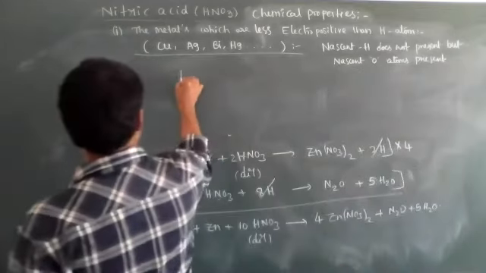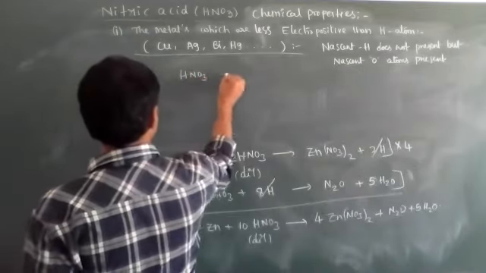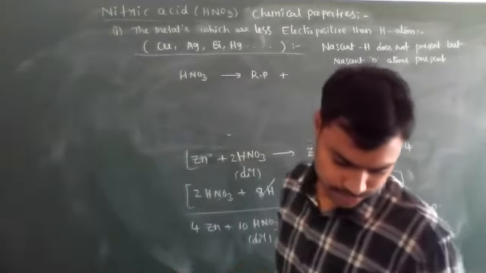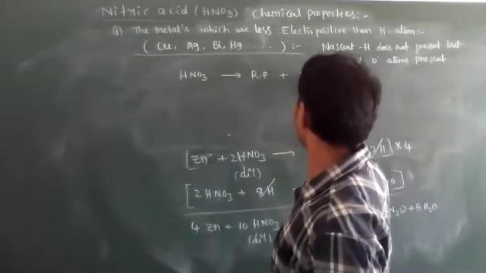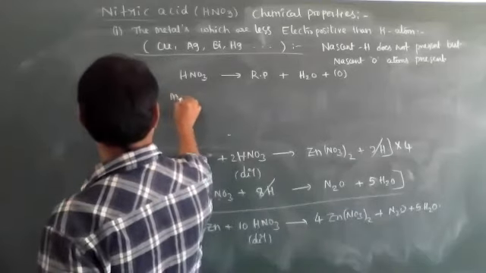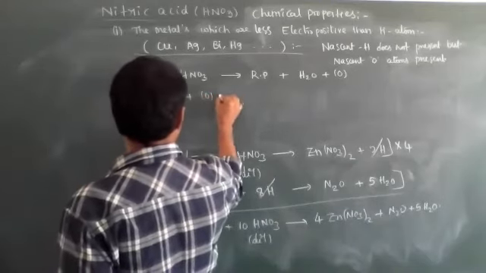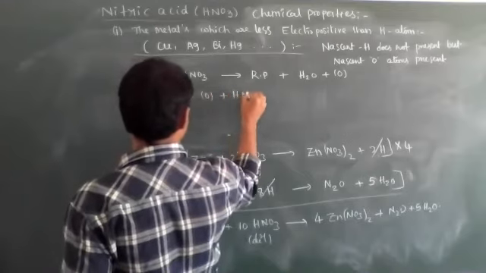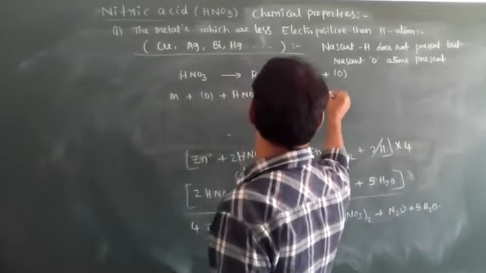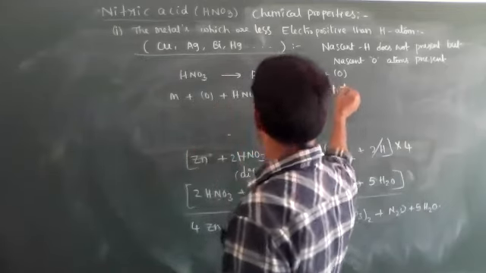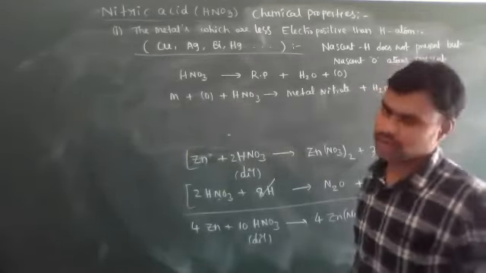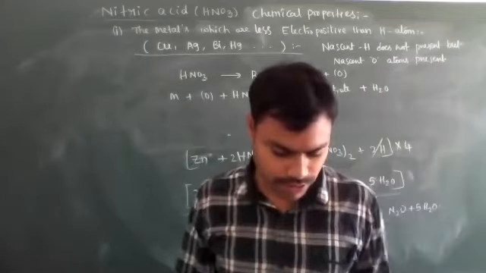See, in this case, first HNO3 is converted into reduction product plus water plus nascent oxygen. Then the metal reacts with nascent oxygen and HNO3 is converted into metal nitrate, metal nitrate plus water. So like that the reactions take place in 2 steps.